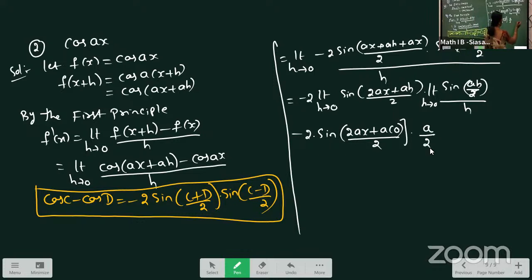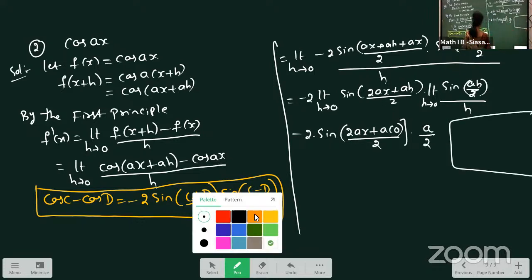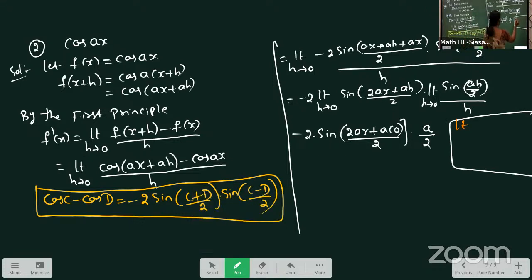How is it a by 2? We have a standard formula again. The formula is limit x tends to 0 sin ax by x is equals to a. So by applying this formula here, we are getting a by 2.